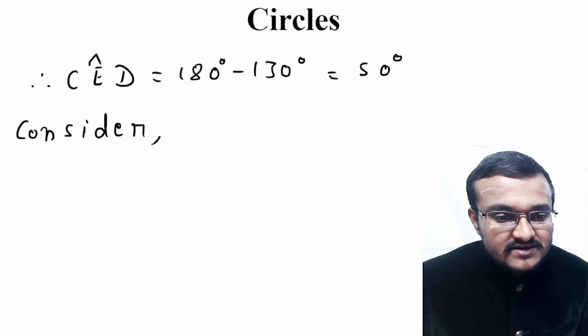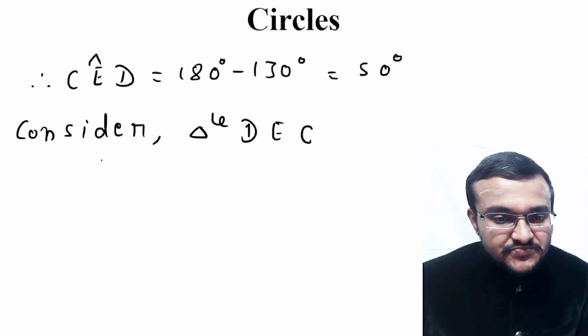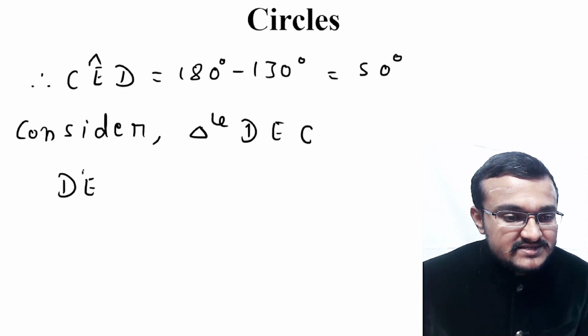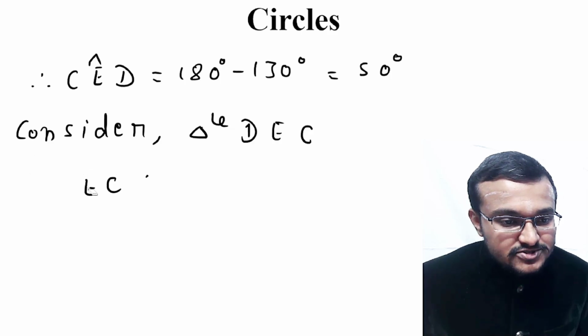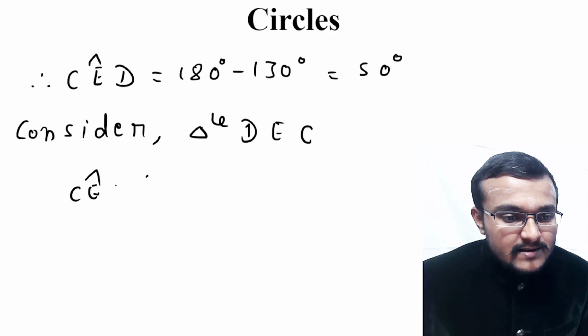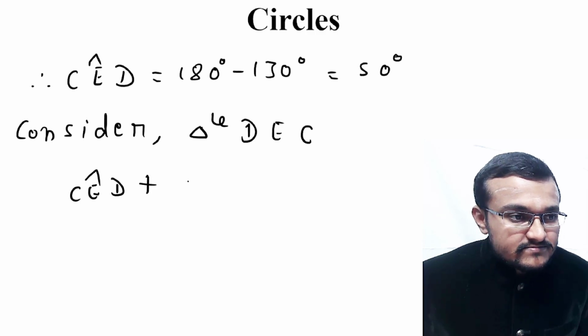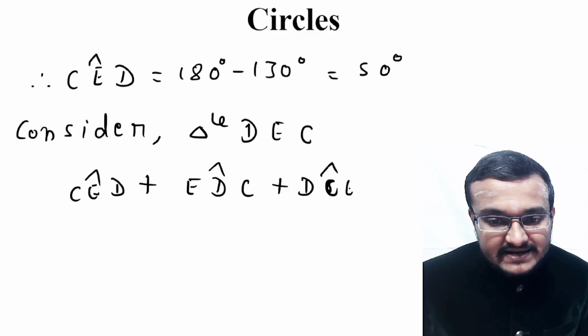Now consider triangle DEC. Angle CED plus angle EDC plus angle DCE is equal to 180 degrees.